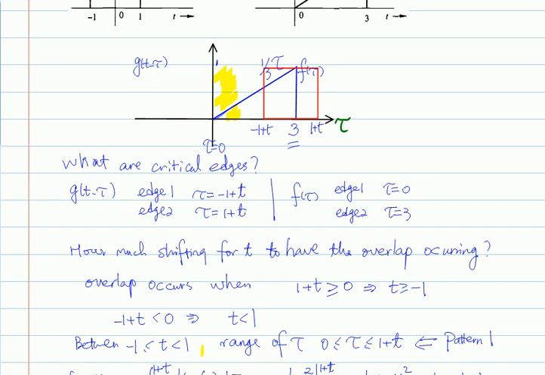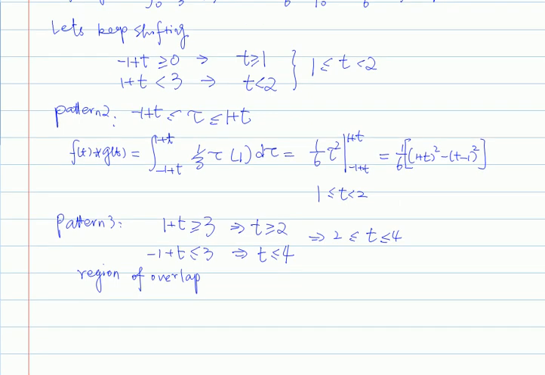Apparently the overlap is this portion here. The range of overlap is for tau between -1 plus t and 3. So that is my tau value, the range for tau, which ultimately is the integral limit.